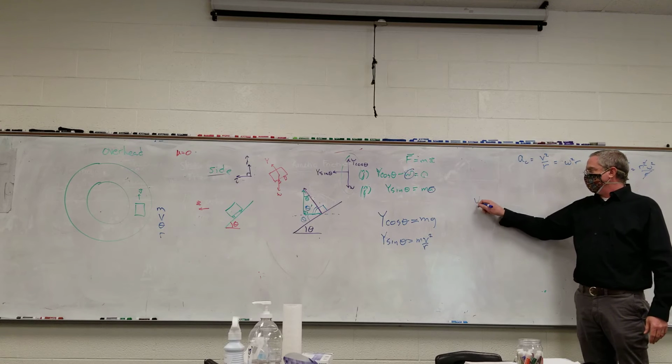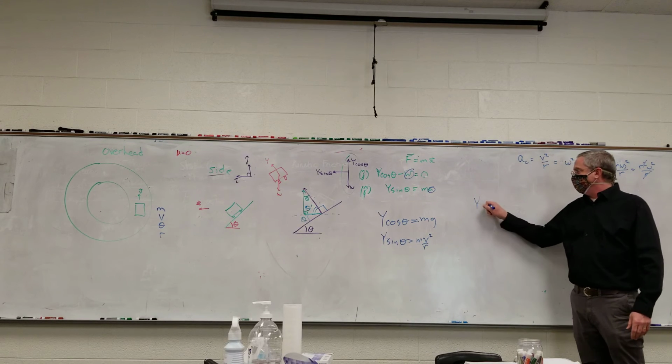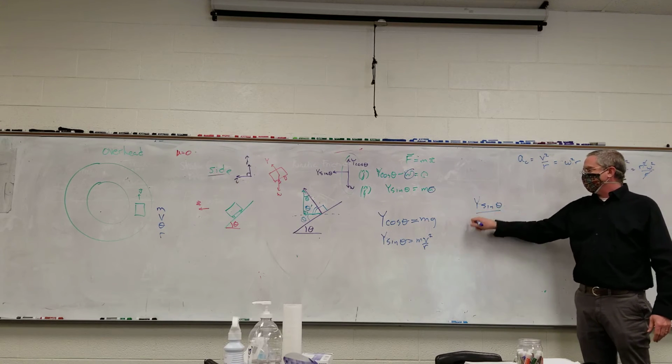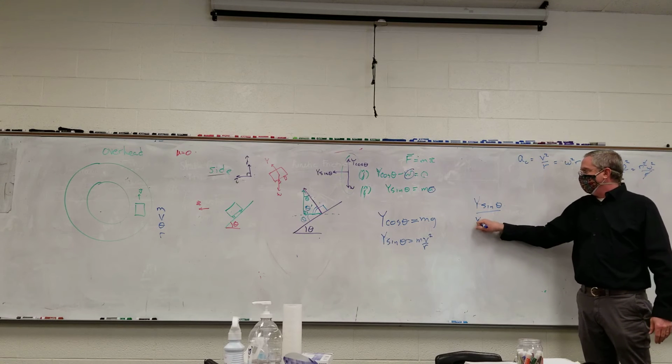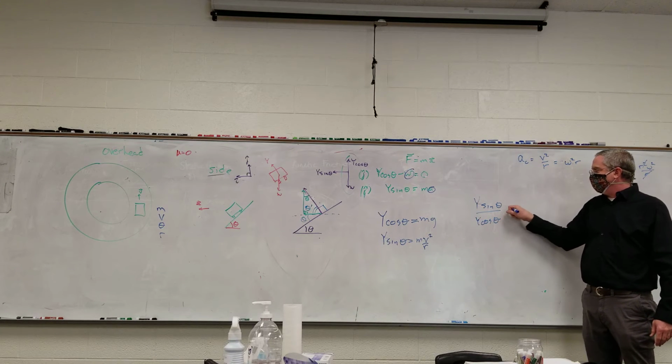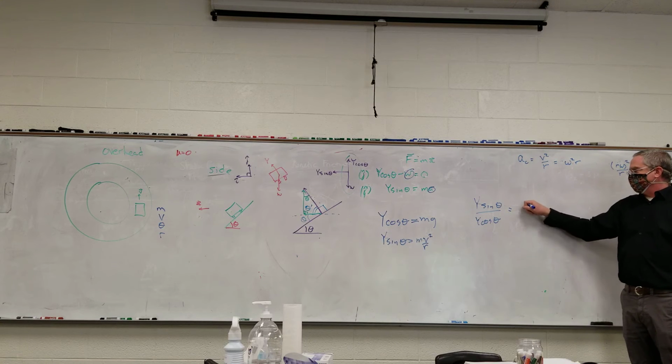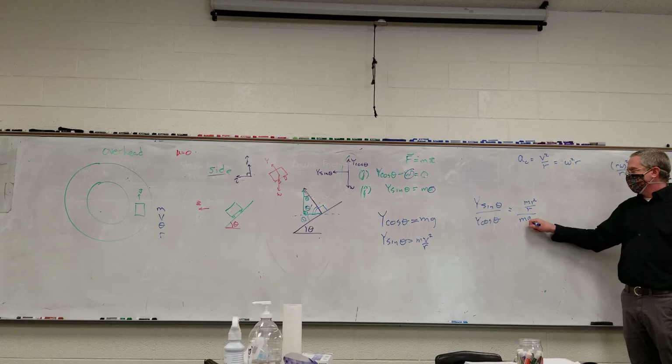So I'm going to take the left side of this equation, y sine theta, and divide by the left side of the other equation. And then, so that's mv squared over r divided by mg.